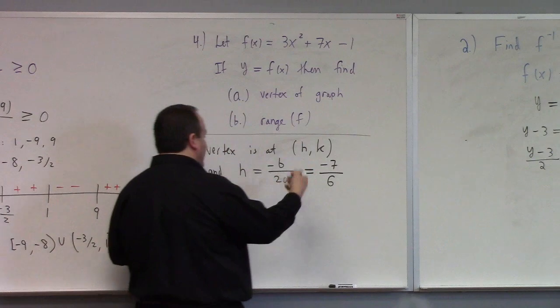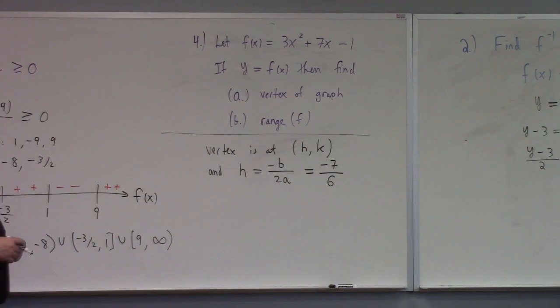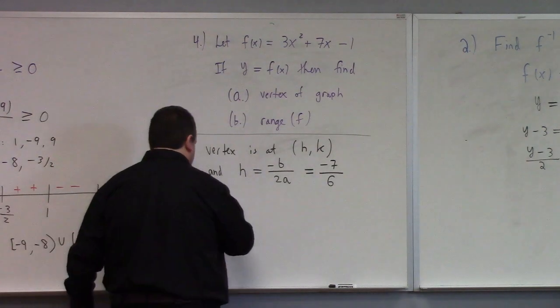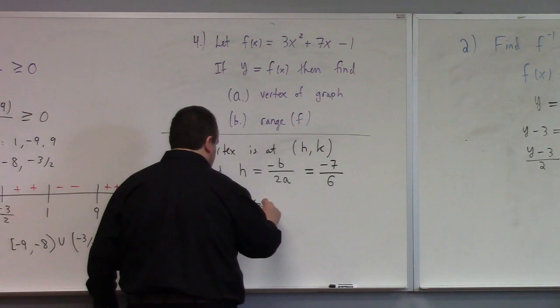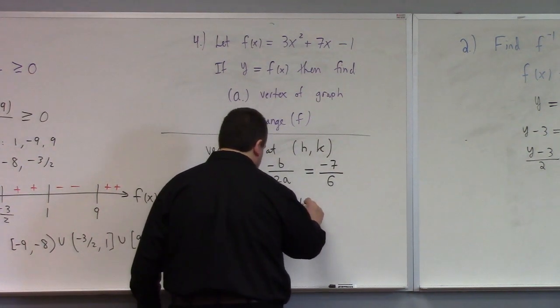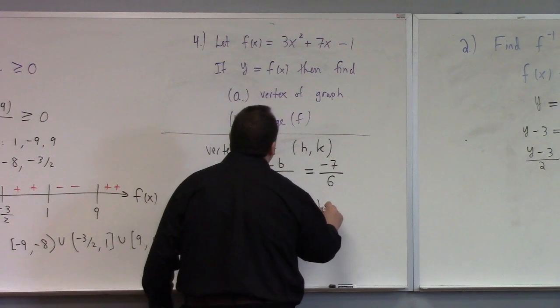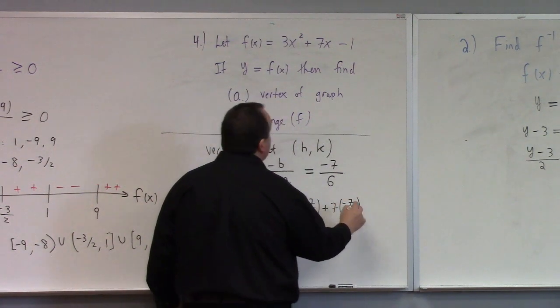That's the x coordinate of where the vertex is. How do I figure out the y coordinate? I can do f of minus 7 over 6. So that's 3 times minus 7 over 6 squared plus 7 times minus 7 over 6 minus 1.